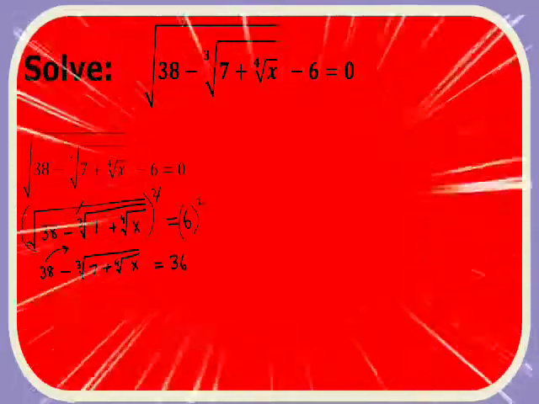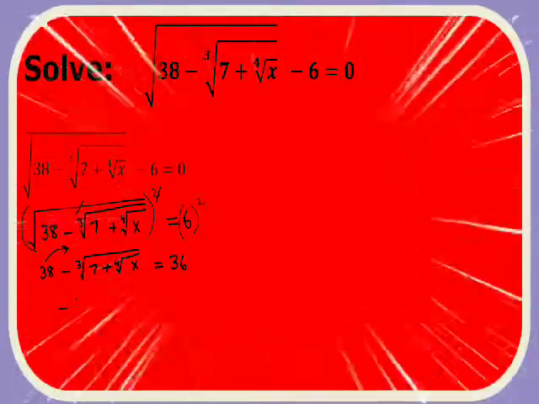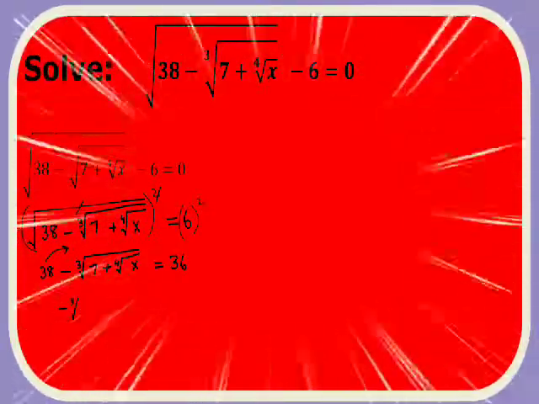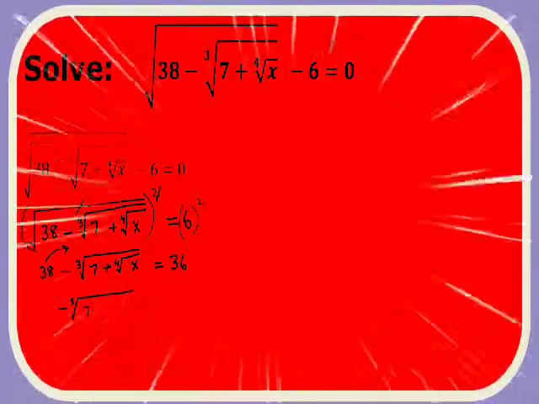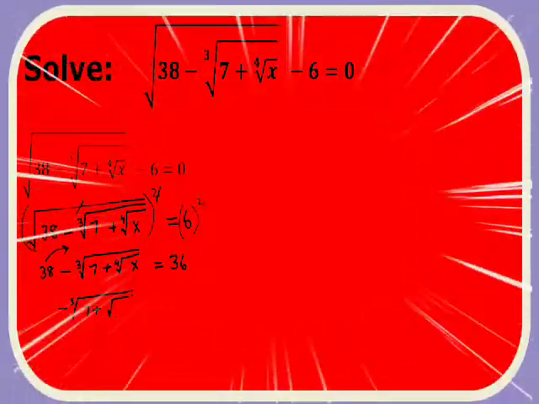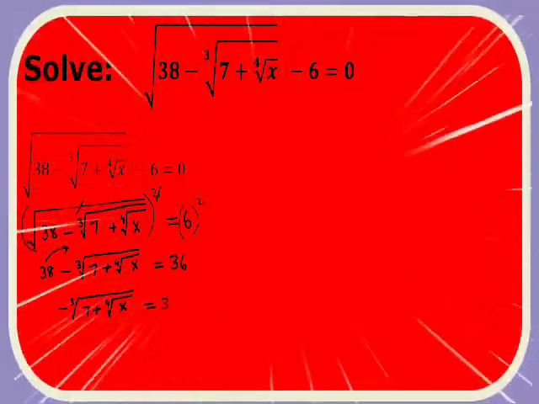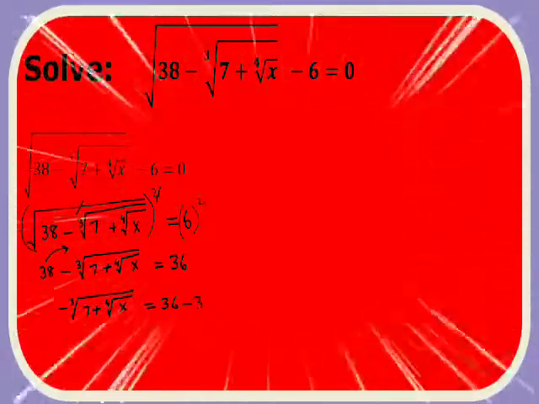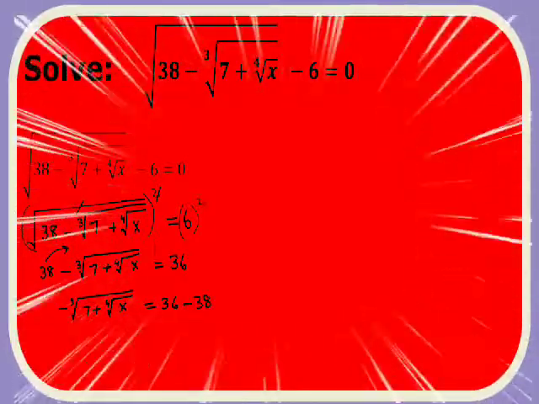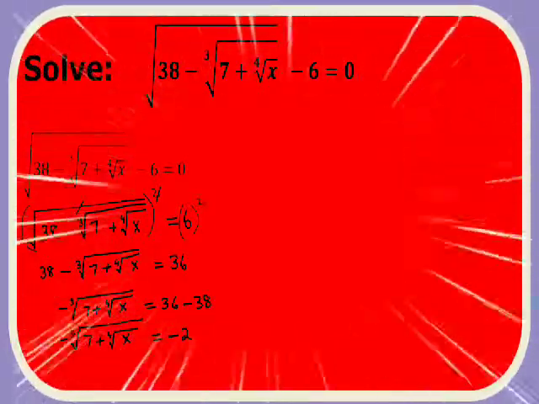And now let's go ahead and move this 38 to the right hand side. Once we move that, that is going to give us the cube root of 7 plus the fourth root of x equal to 36 minus 38. So we got the same thing on the left hand side.